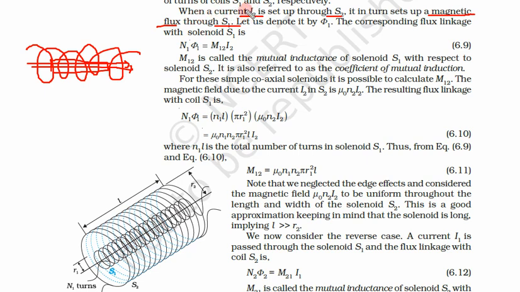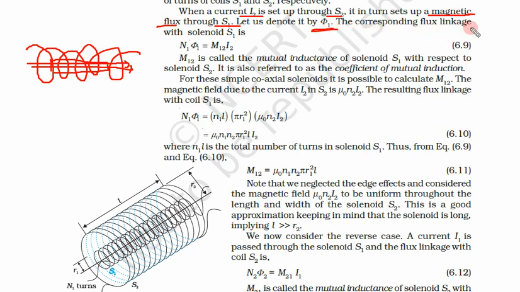When a current I2 is passed in solenoid S2, the bigger solenoid, this sets up a magnetic flux in the smaller solenoid because the smaller solenoid is inside. Let this be denoted by phi 1. Why is this denoted by phi 1? Because it is set up in the smaller solenoid.